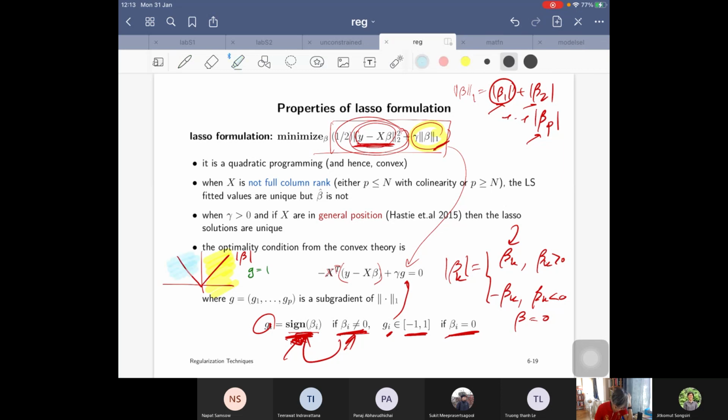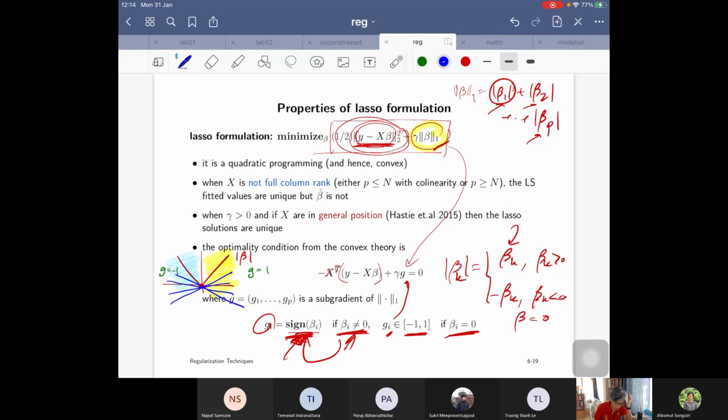On the left-hand side, looking at the graph, the slope is minus 1, so the subgradient is minus 1. But when beta is 0, the concept of the subgradient is to find any linear function that supports your function at that point.